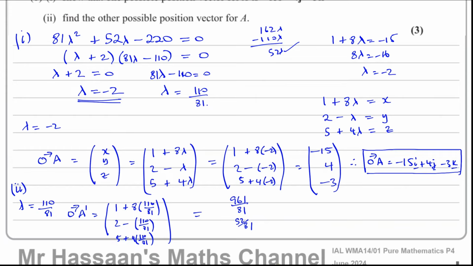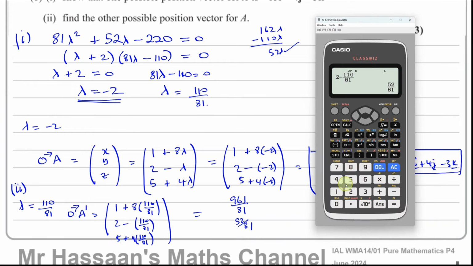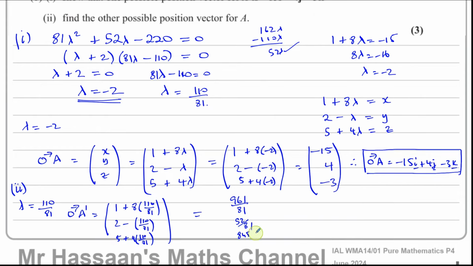And then you have 5 plus 4 times 110 over 81, and that gives us 845 over 81.